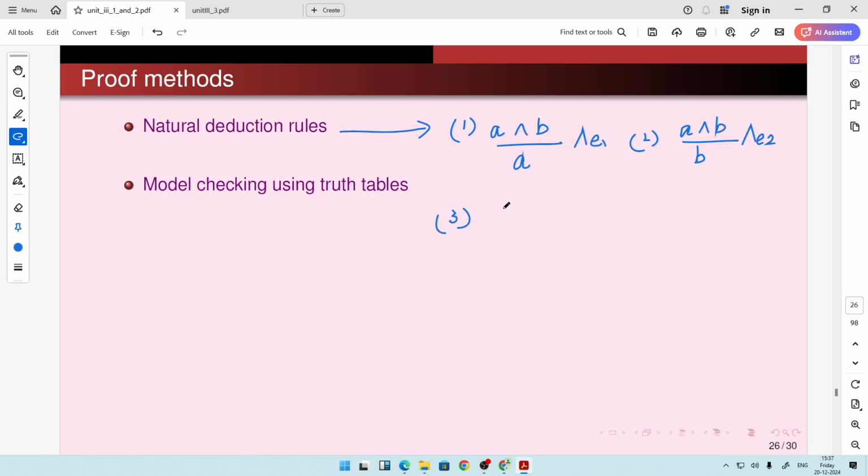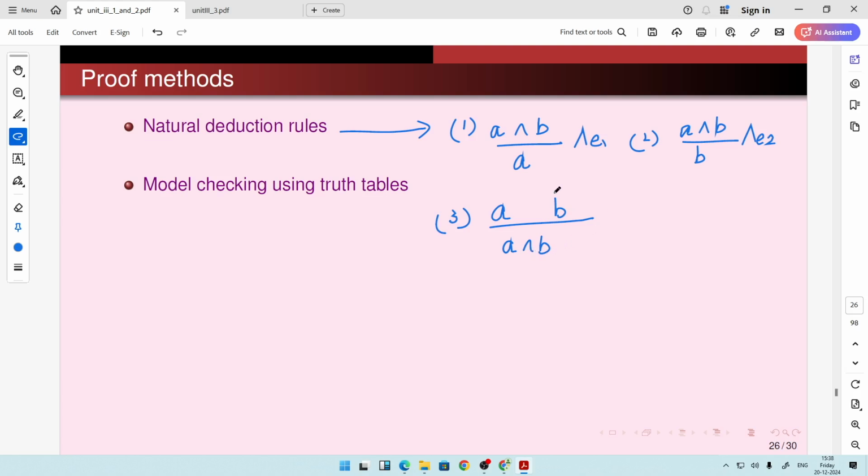The third one: I have two facts A and B. I can infer both A and B. Like in the last slide we had, today is sunny and today temperature is 30 degrees centigrade. I can infer today is sunny and today is 30 degrees centigrade.